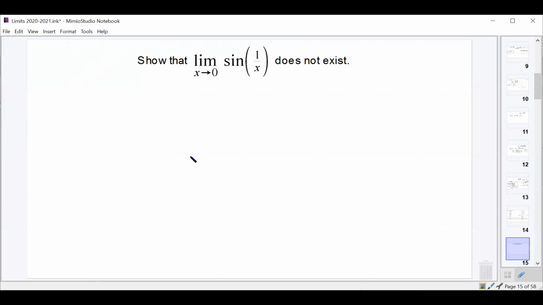No ideas on that? When does the sine of 1 over x equal 1? Any thoughts on that?